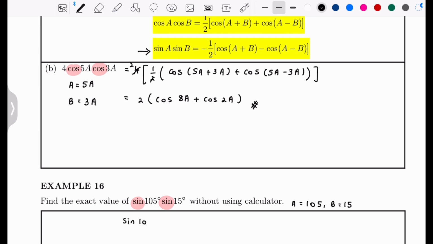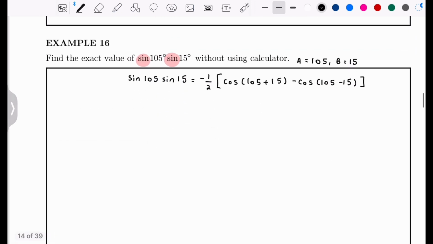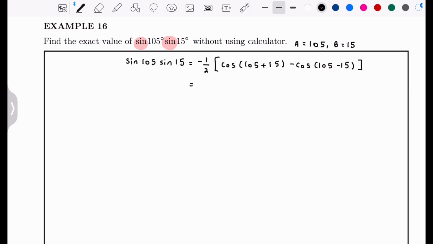So sine 105 sine 15 equals negative half times [cos (105 plus 15) minus cos (105 minus 15)]. Simplify, we get negative half [cos 120 minus cos 90].